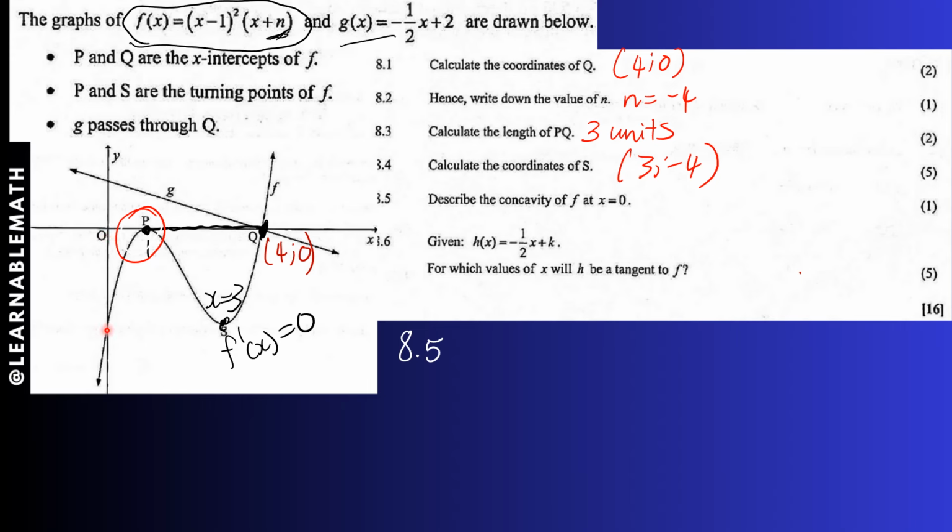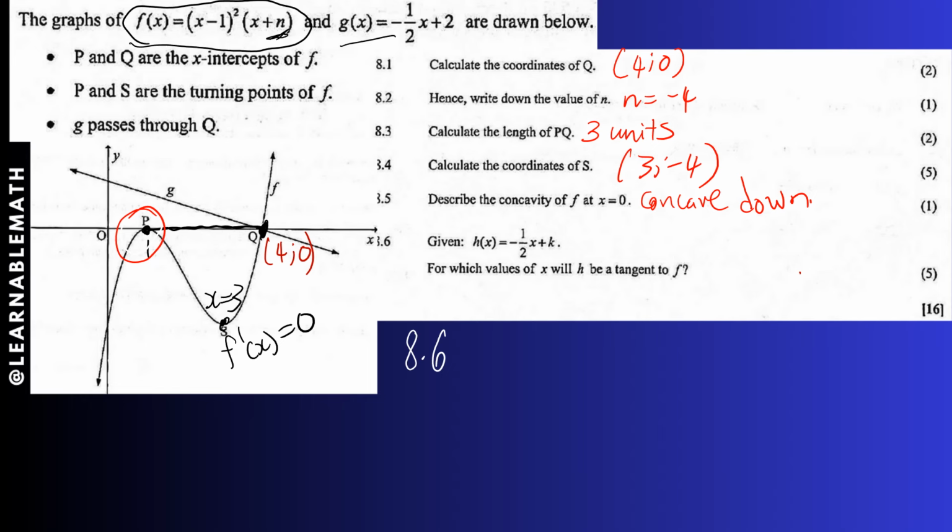It's basically on the y-intercept there. So if you check the graph, when x equals 0 at that point, we can see that the graph was concave what? It was actually concave down. All right. So our answer is concave down.